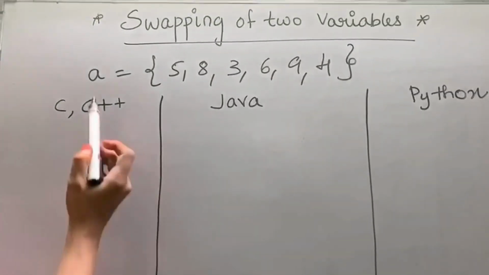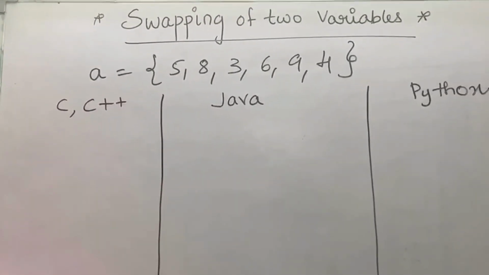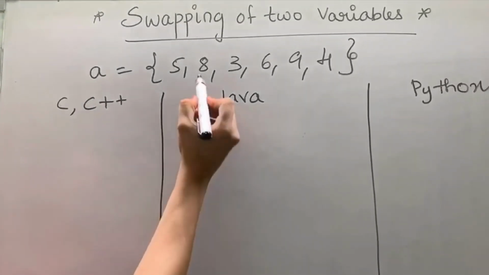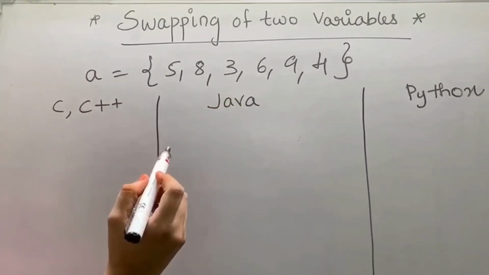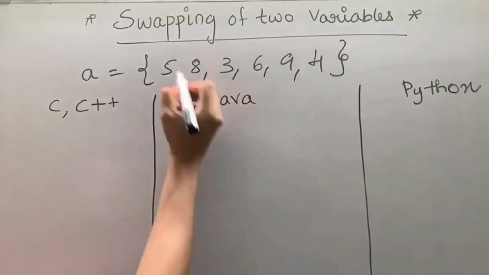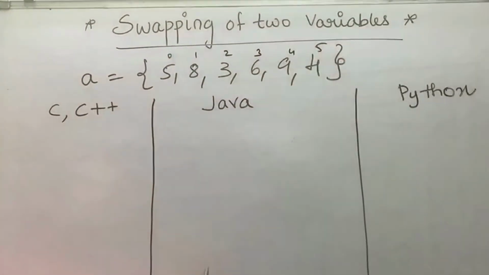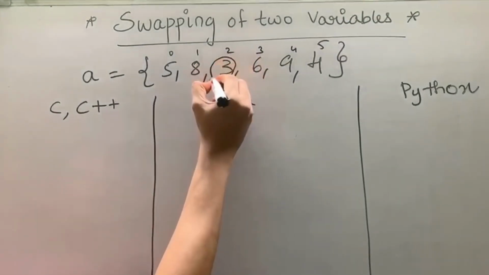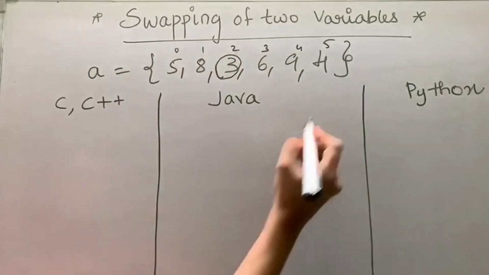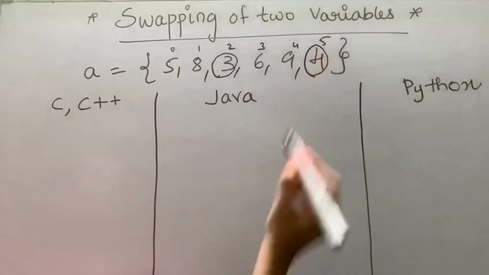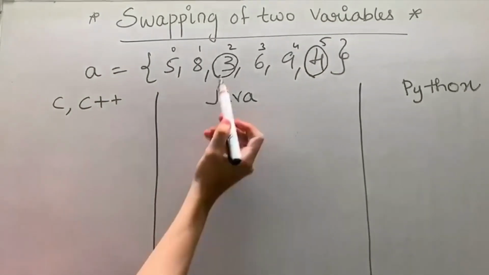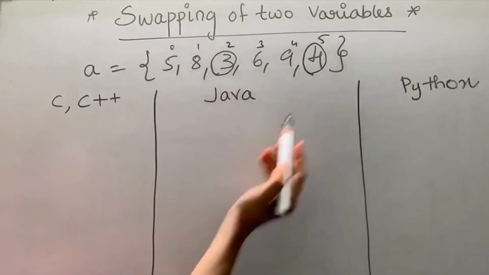Now let us consider arrays. Suppose we want to swap the contents of the second index with the fifth index, that means indices 0, 1, 2, 3, 4, 5. The content of the second index is the value 3 and the content of the fifth index is the value 4. Suppose we want to swap the contents of 2 and 5.